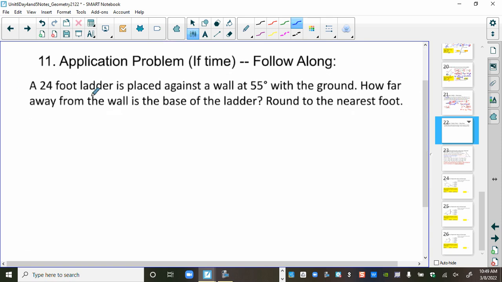Okay. A 24-foot ladder placed against the wall at a 55-degree angle from the ground. We need to figure out how far away from the wall is the base of the ladder. So here's our wall.